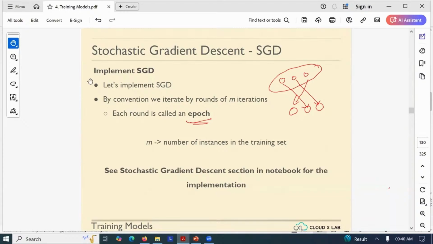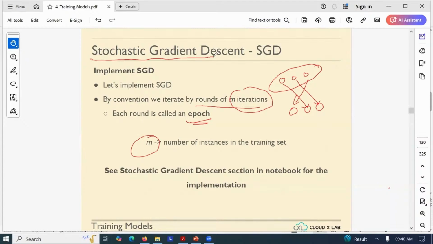By convention, we iterate in rounds of m iterations. Why m iterations? Because we have m data points, and in stochastic gradient descent we compute the gradient using one data point at a time.